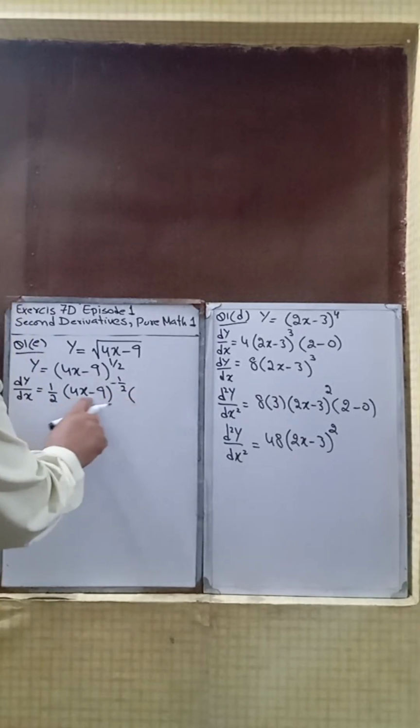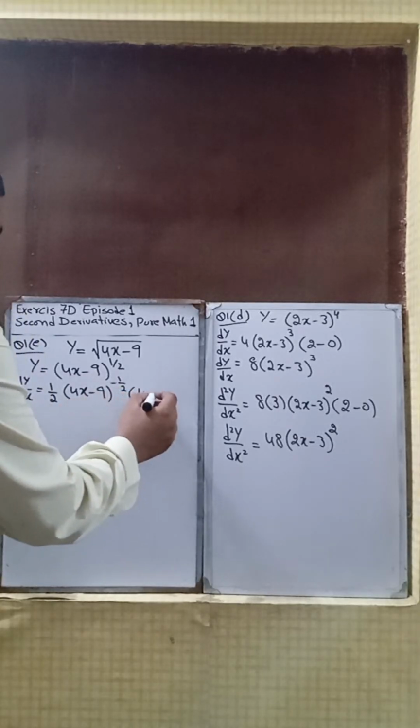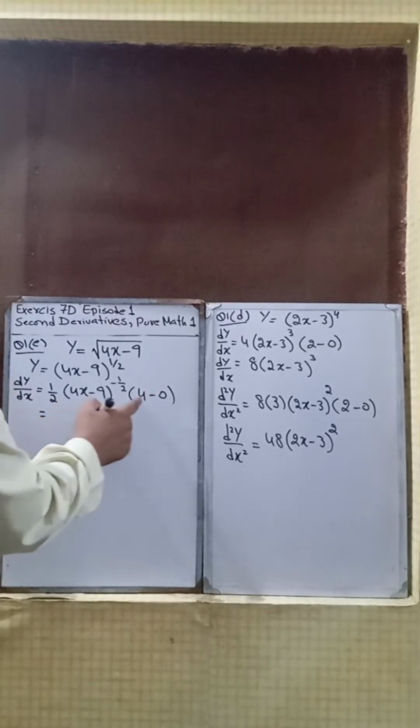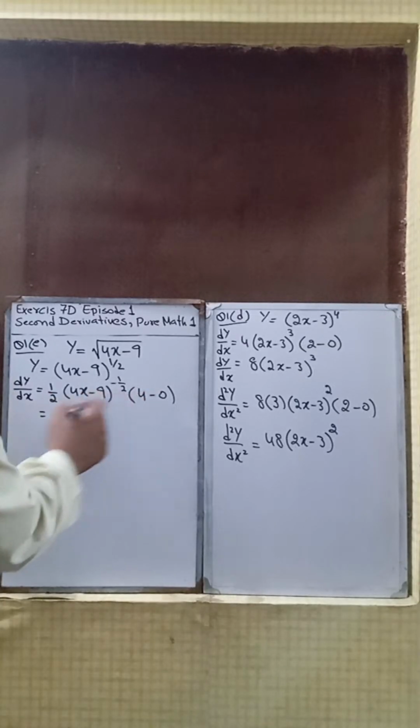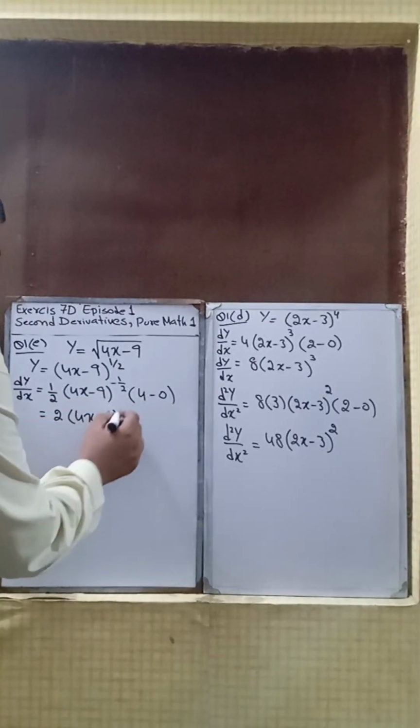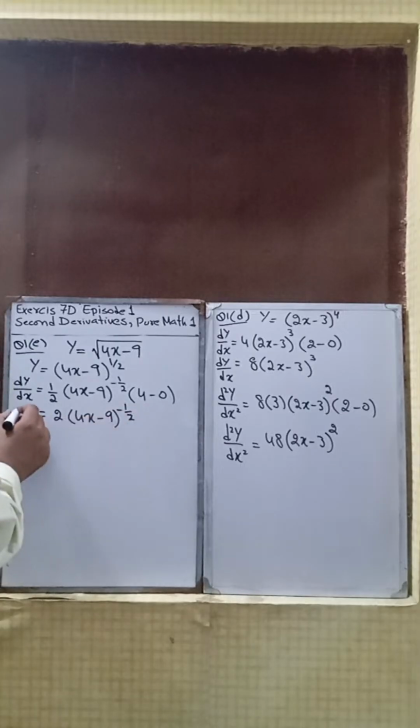Then the derivative of the base: 4x is 4, minus 9 is 0. So it becomes 1 by 2 multiplied by 4, that is 2 into (4x minus 9) raised to minus 1 by 2. So dy by dx is this.